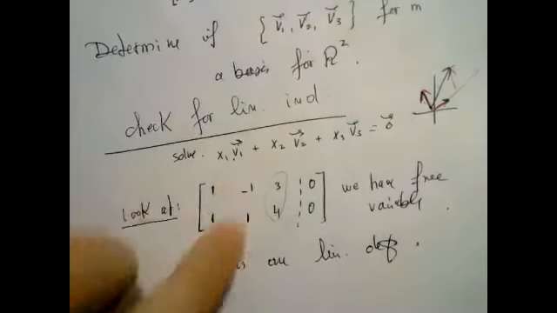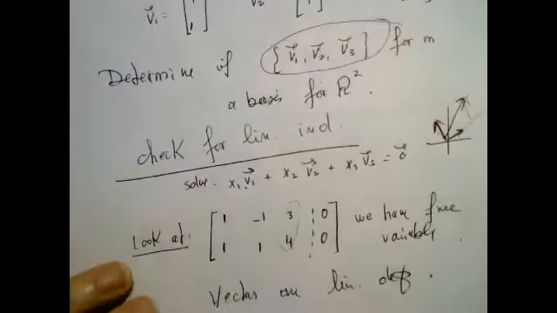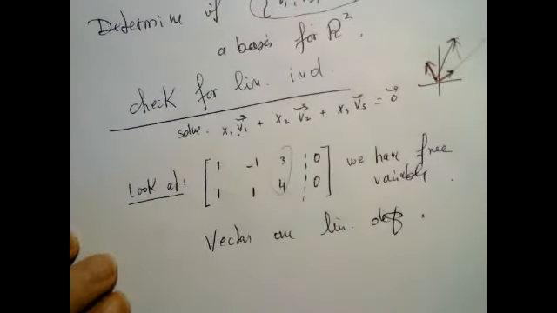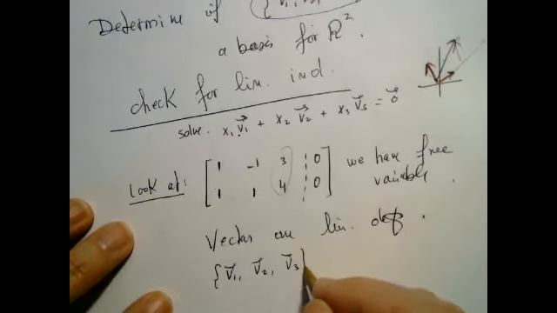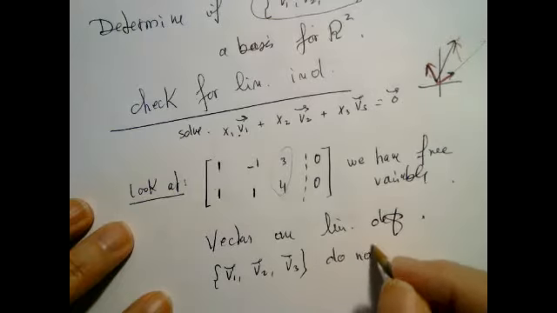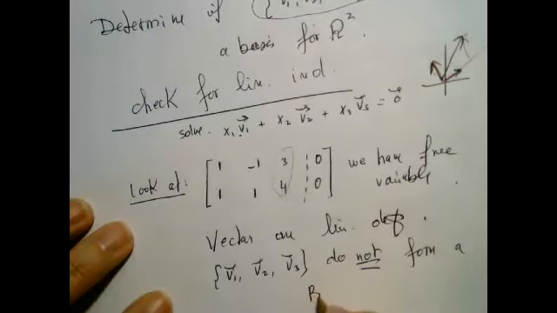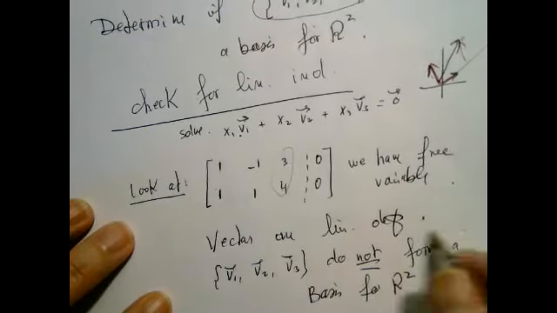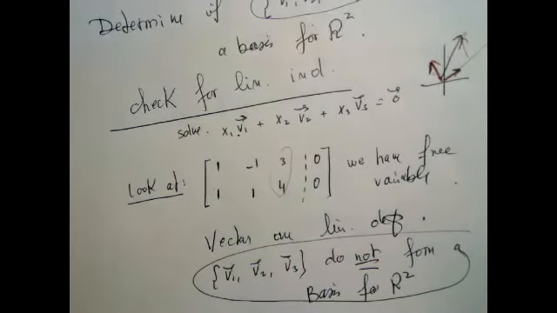So this means that those vectors do not form a basis. v1, v2, v3 do not form a basis for R2 because they are linearly dependent, so they do not satisfy the linear independence condition.